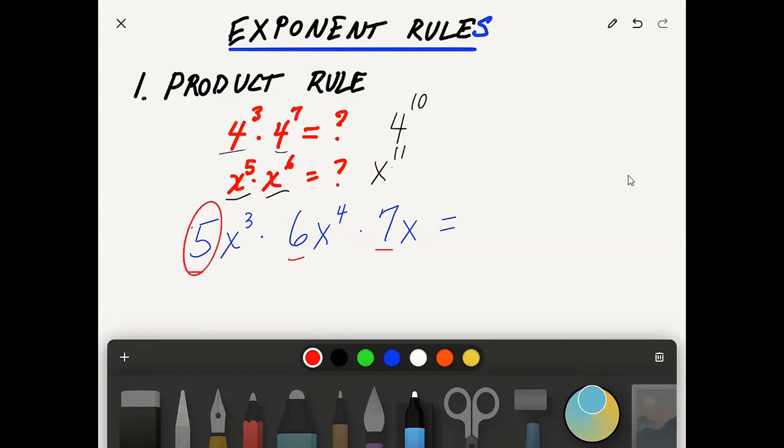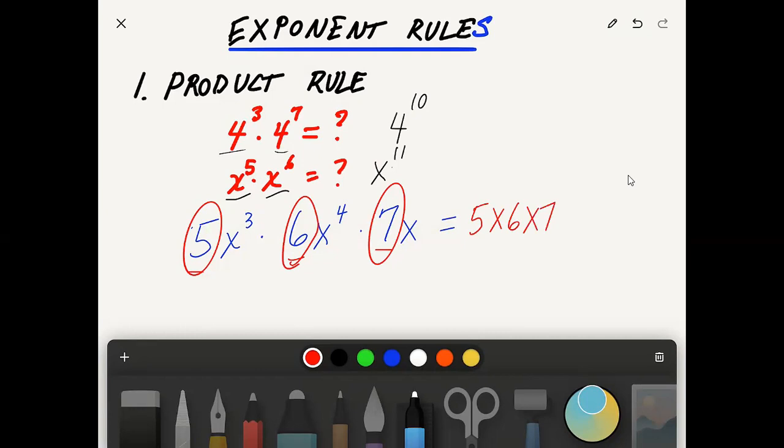These numbers out front, the 5, the 6, the 7, are called coefficients. That's the actual term for those numbers. But no matter what they're called, you are just going to take those numbers and multiply them together. So it's going to be 5 times 6 times 7.